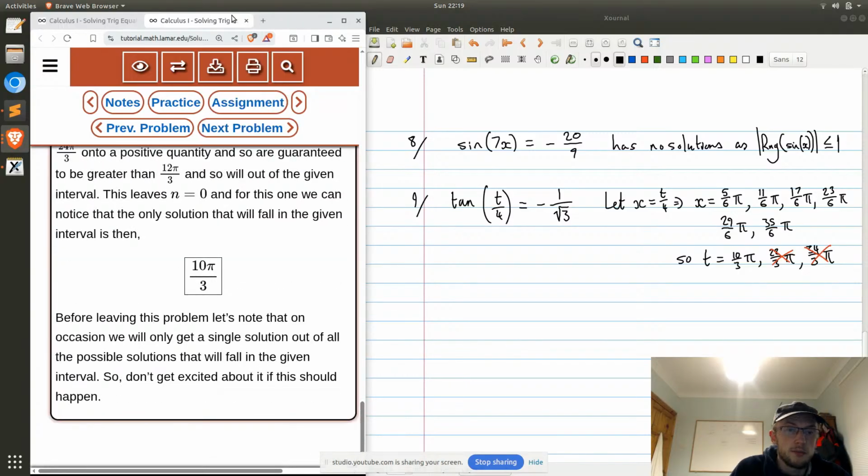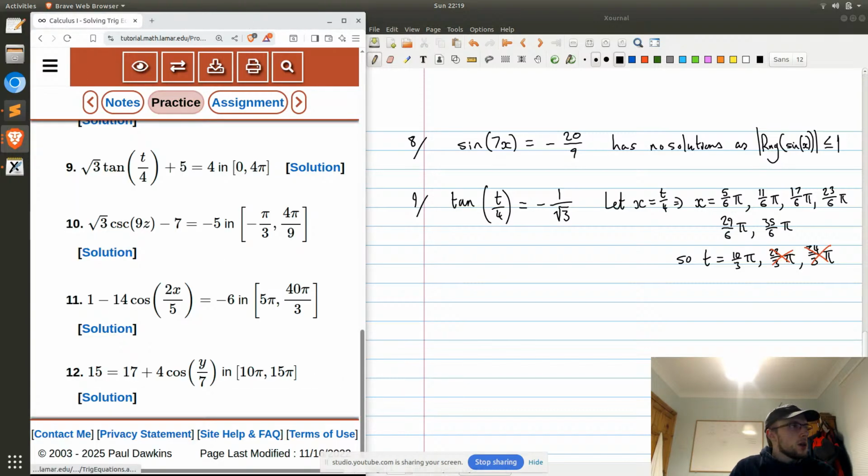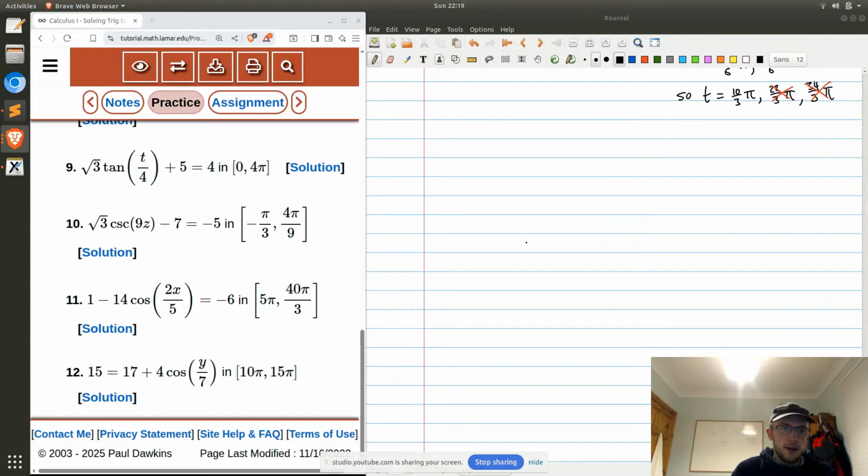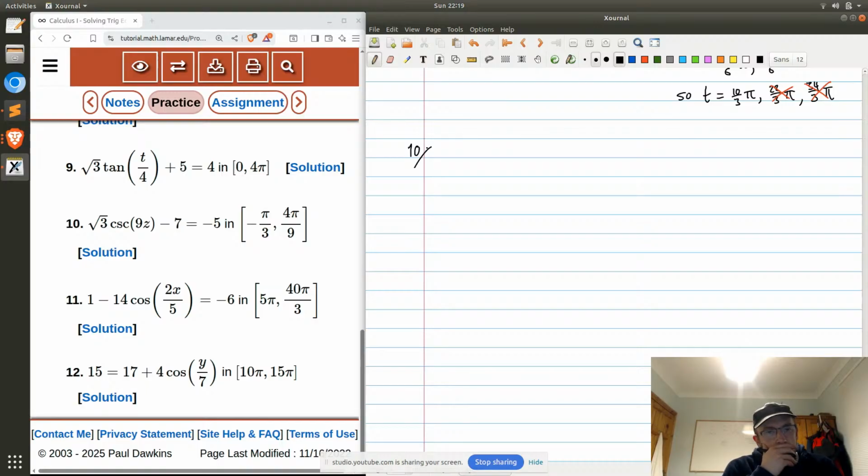Right, okay. All right, now for problem 10. Okay, so I'll add 7 to that, so I get 2 over root 3. 2 over root 3 is cosecant of 9z.